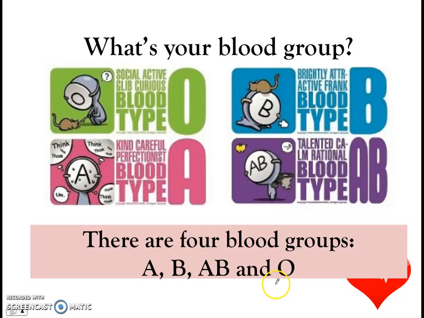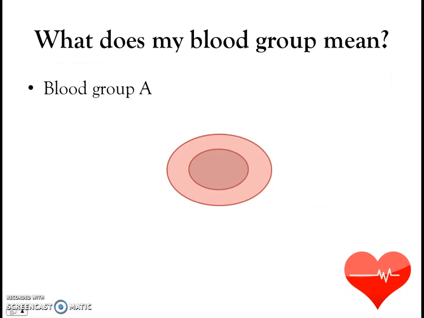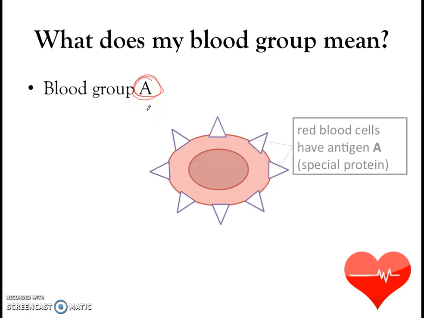So what does your blood group actually mean anyway? Well, let's take a look first at blood group A as an example. If you are blood group A, like me, that means that your red blood cells have antigen A on their surface.